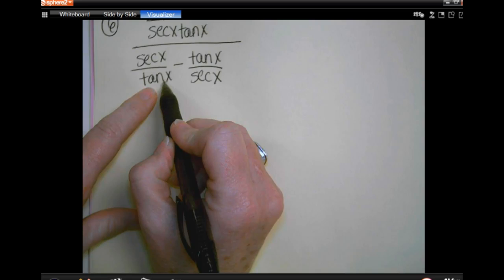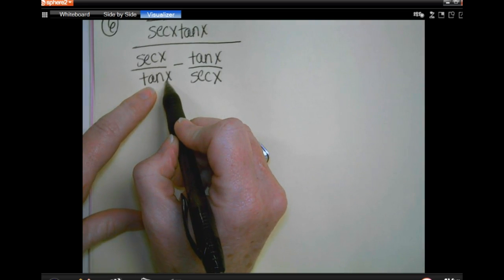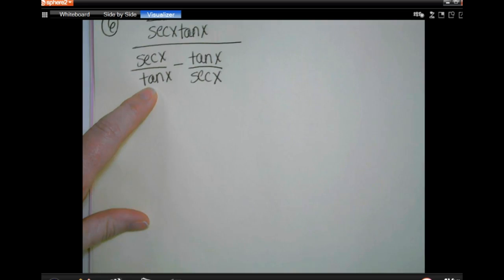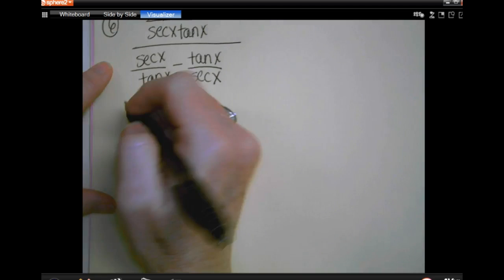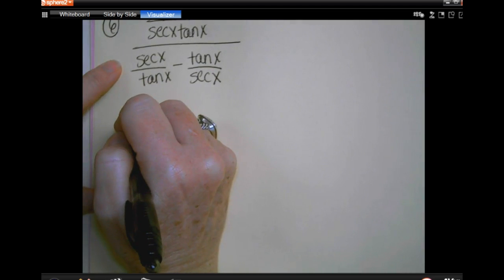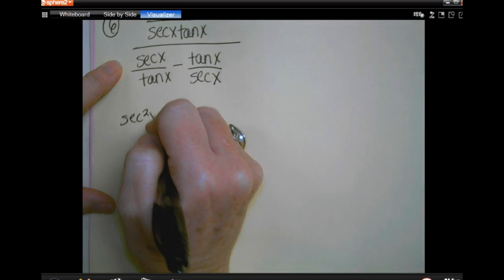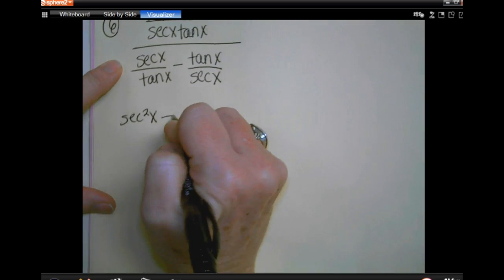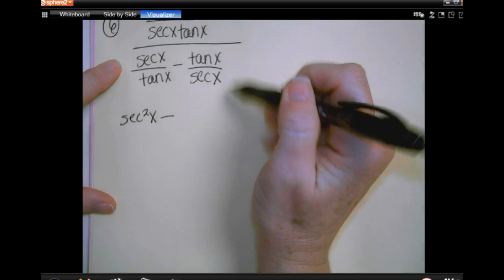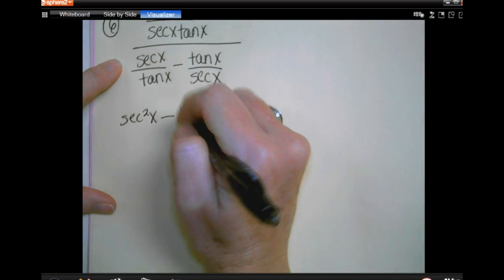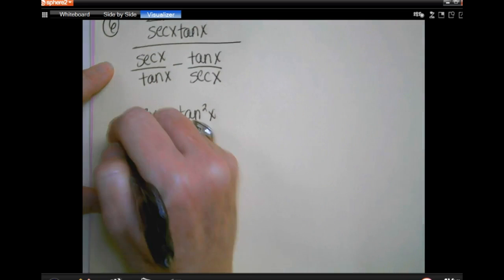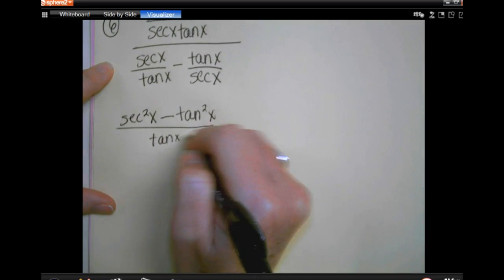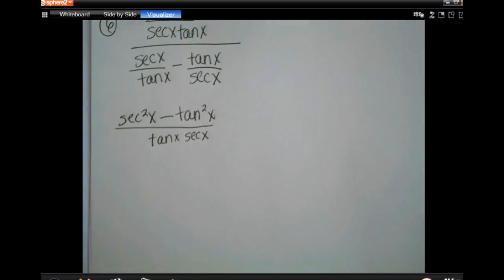This one has tangent, so it's missing what? Secant. So I'm going to multiply the first term by secant over secant. Does that make sense? So I get secant squared. And then the next one, I have to multiply by tangent over tangent. So I get tangent squared of x over tangent x secant x. Yes, because now they're both over the same thing. So now this is what the bottom looks like.